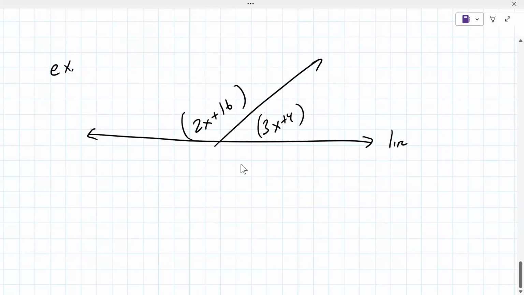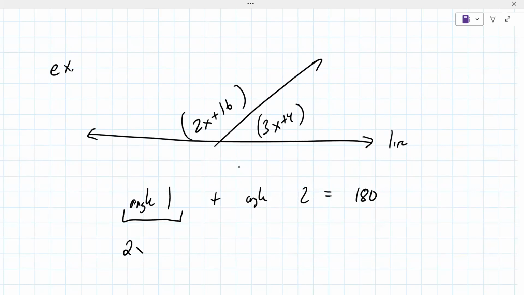That means they add up to 180. So it's like this: angle 1 plus angle 2 equals 180. And instead of angle 1, you're going to put in 2x plus 16, 3x plus 4 for angle 2, and this equals 180.